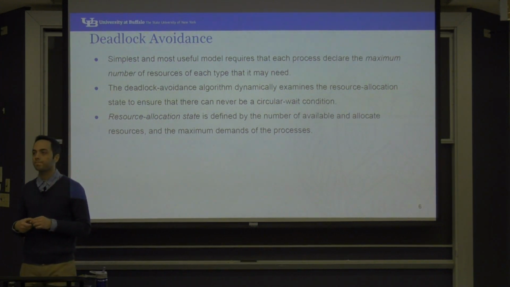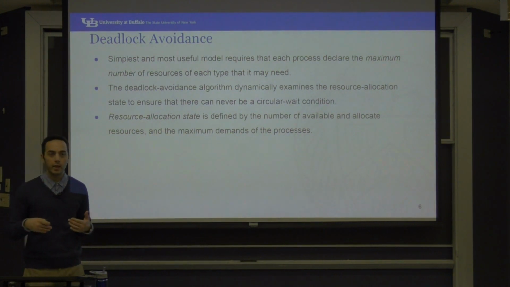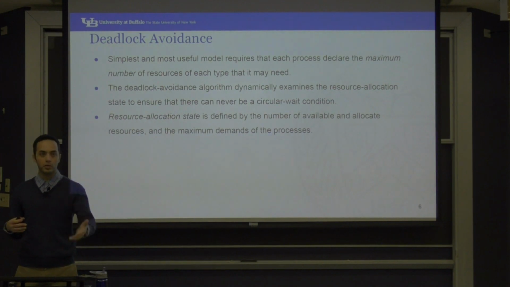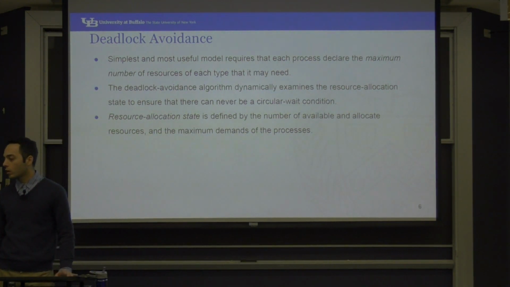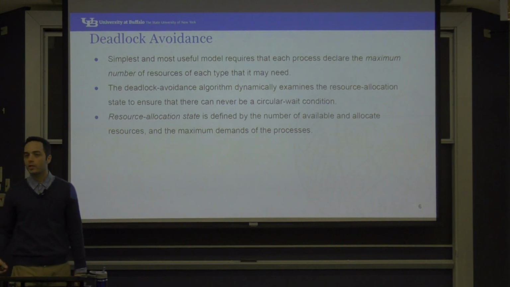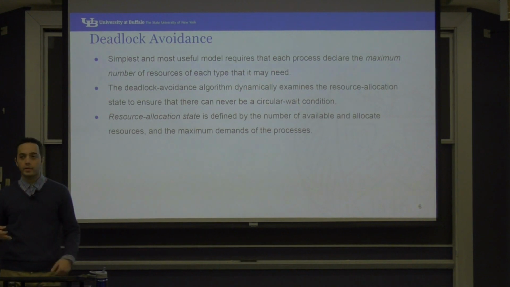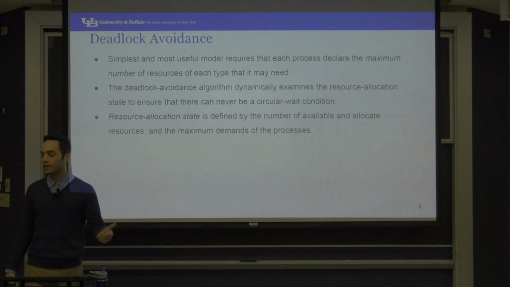Again, when they declare the maximum number, that doesn't mean that they're requesting, but it gives the system some insight into their future or possible requests. And so, if an allocation might end up in a circular wait, then the system can say, okay, you should wait for a bit so that we avoid this.